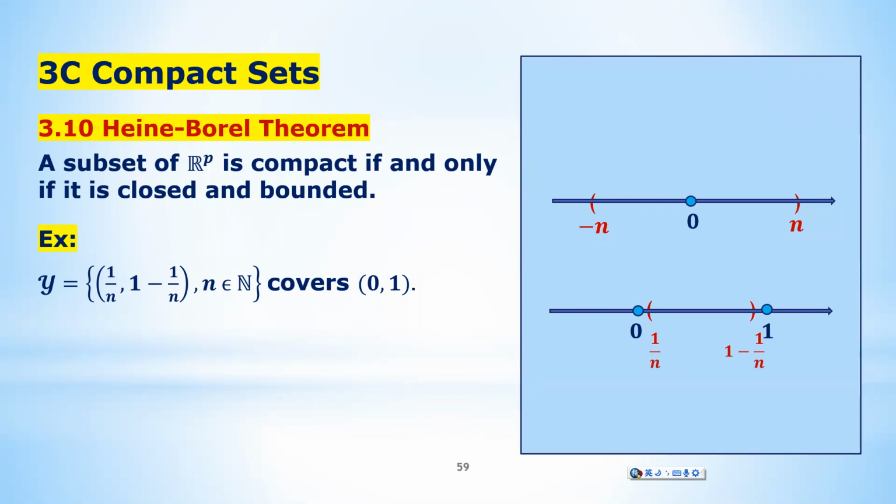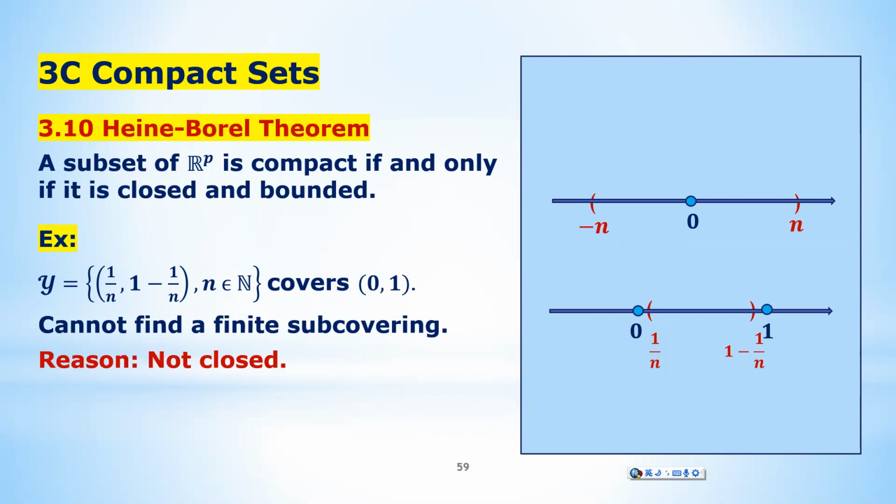Only a finite number only covers a big portion of it. It never covers the entire region. The reason is that it is not closed. So from these two examples, you can see that the set has to be closed and has to be bounded in order to be compact.